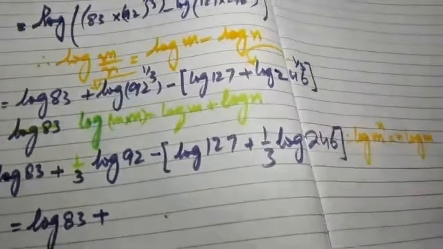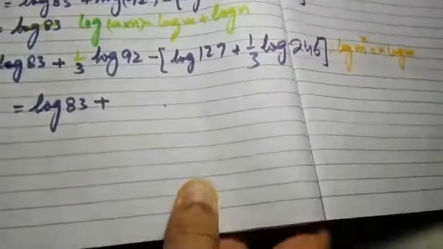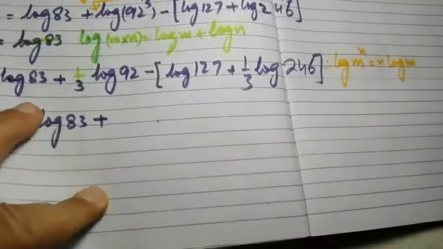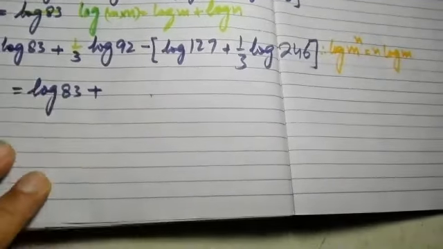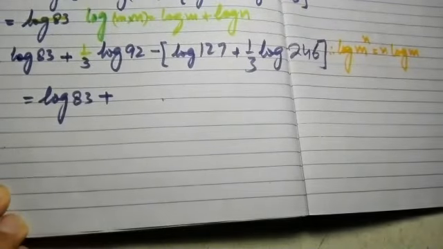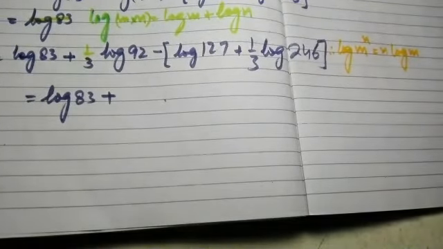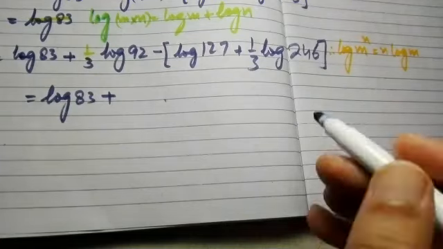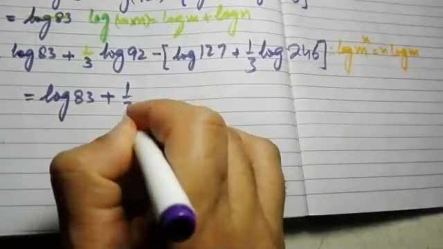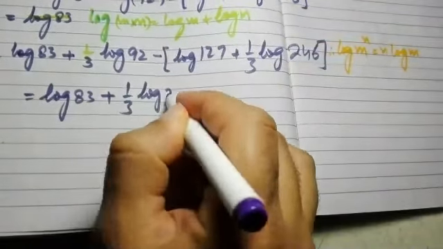So if we move ahead, keep 1 by 3 log 92 as it is.